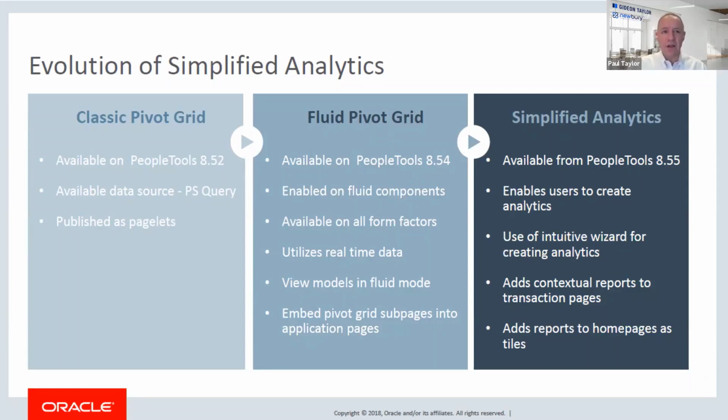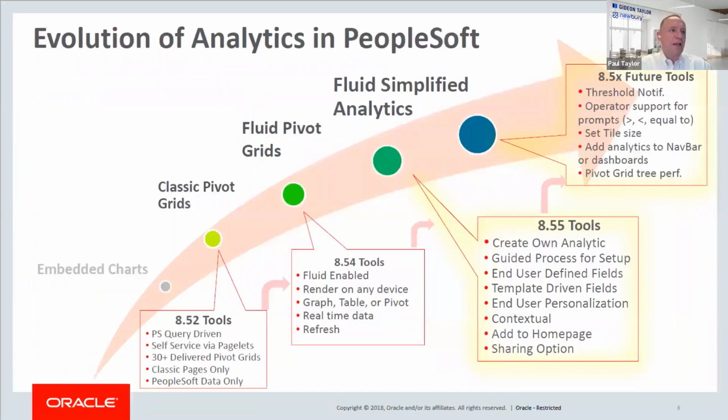It also allows you to stick reports on home pages, to put some contextual reports in with transaction pages, so you can have some little graphs show up on the side of your component that give you information that you might want to see handy while you're working in that component.